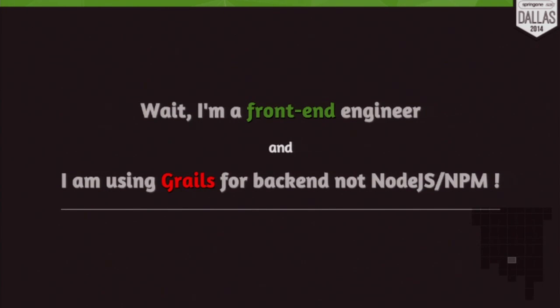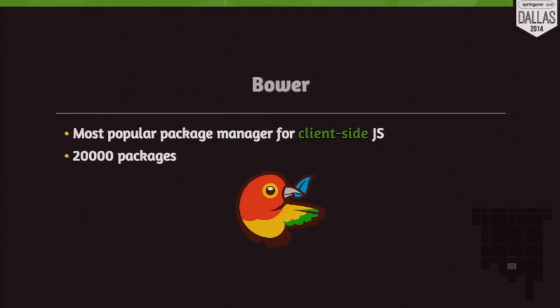What people are saying is like, but Node and NPM are for the server side, and I am a front-end engineer, I want something for the front-end, and because for my backend I'm using Grails and not Node.js and NPM. So there is a second package manager which is designed only for the web. It's one of the most popular ones.